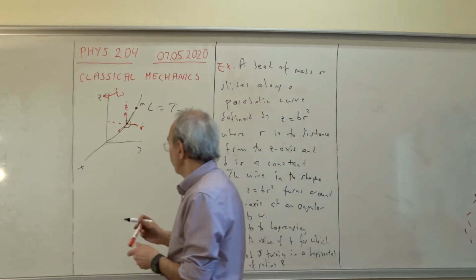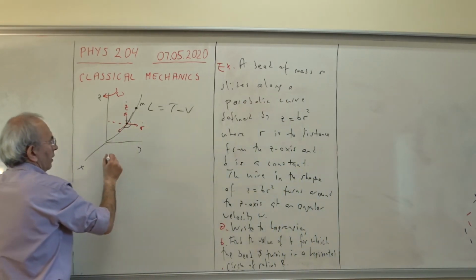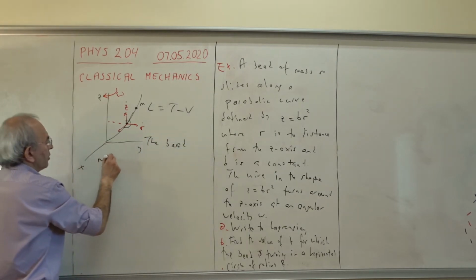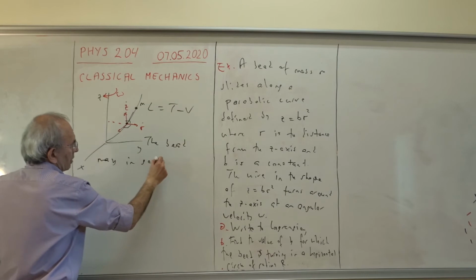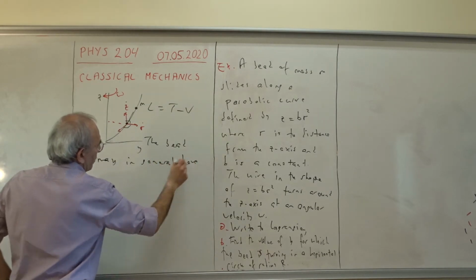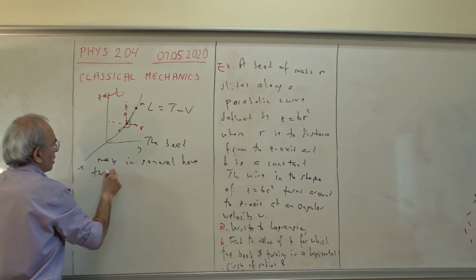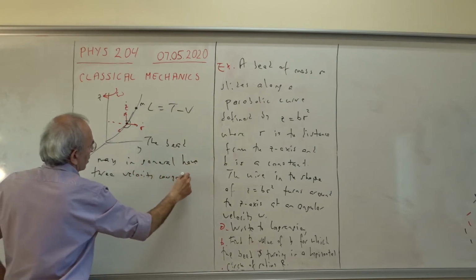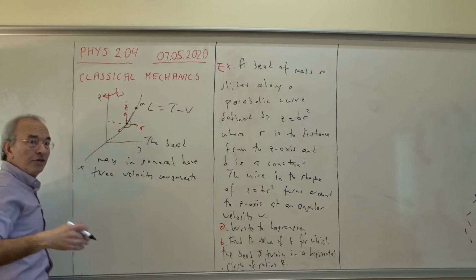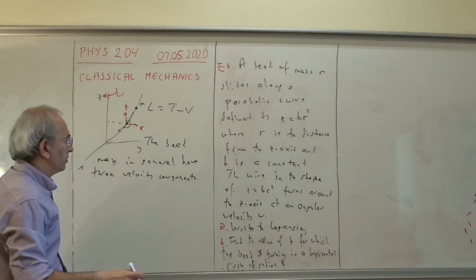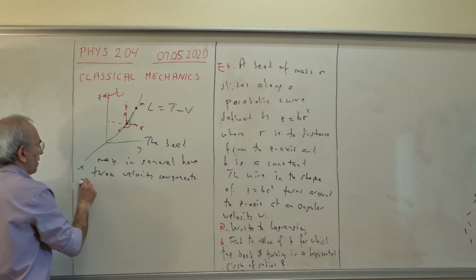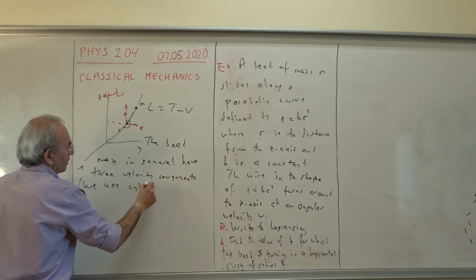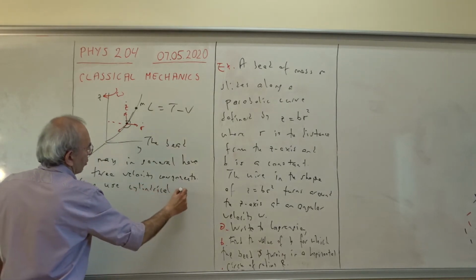The bead may in general have 3 velocity components, and we use the cylindrical coordinates. Remember that we use cylindrical coordinates.